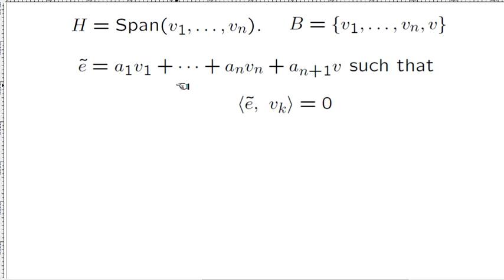But we have n plus 1 free variables, so the dimension of the solution set is one-dimensional. So a1 through an plus 1 will be parameterized by one parameter t, for example.